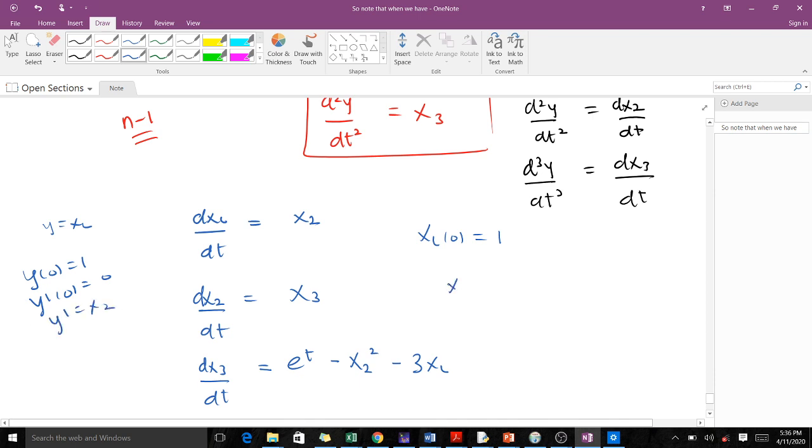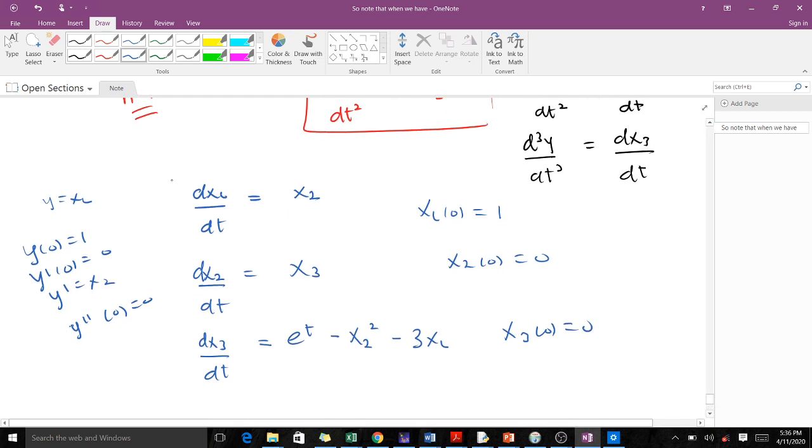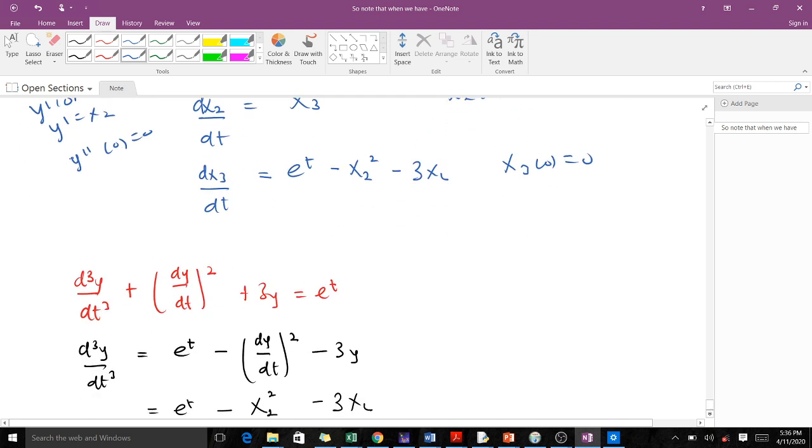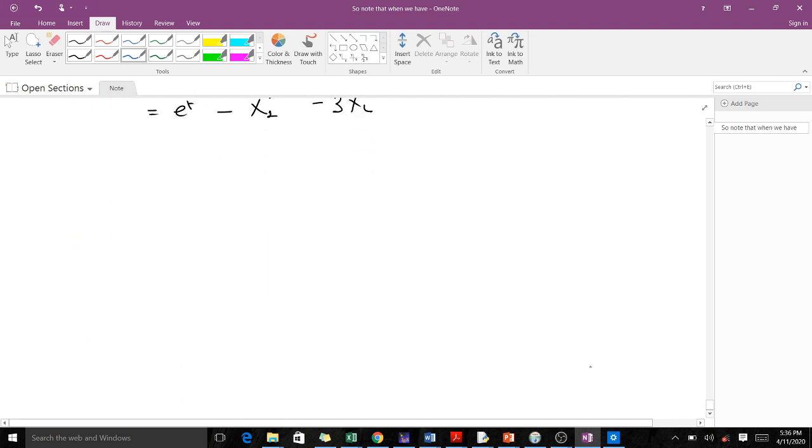So we have x2 of 0 is equal to 0. The last initial condition was y double prime of 0 equals 0, meaning x3 of 0 equals 0. So this becomes our system of first order ordinary differential equations, which our third order differential equation has been reduced into. So that's the solution to the question.